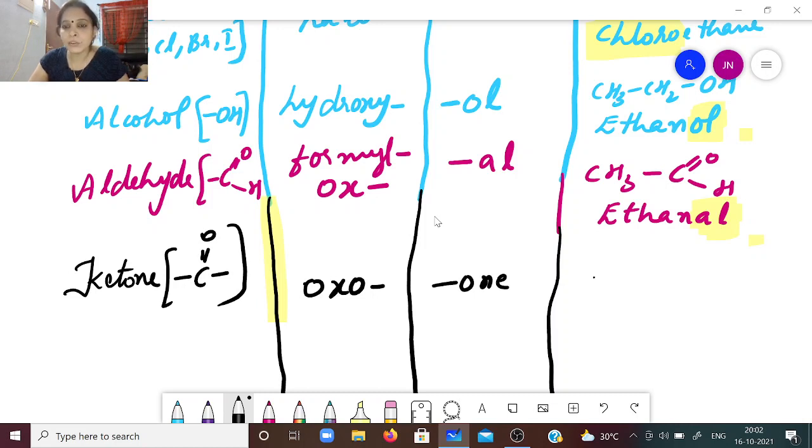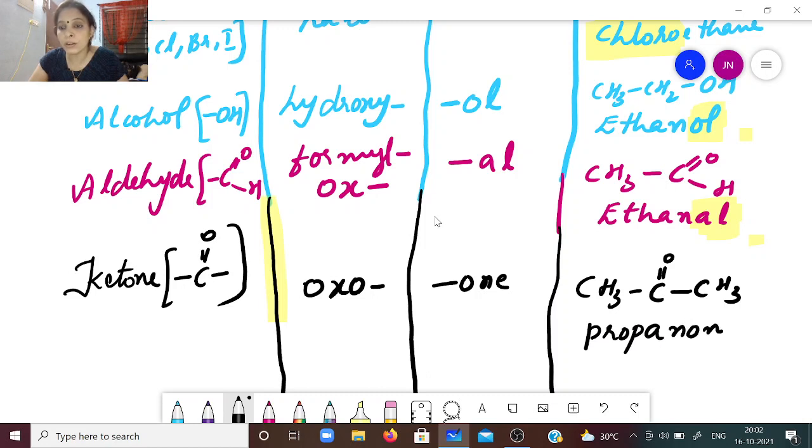For example, ketone is starting from 3 carbons, CH3, C double bond O, CH3. And 3 carbons are there, so the parent is propane. And the name of this compound is propanone. That is propane, E will be removed and ONE will be added. So this is the functional group. Okay, so ketone also is over.